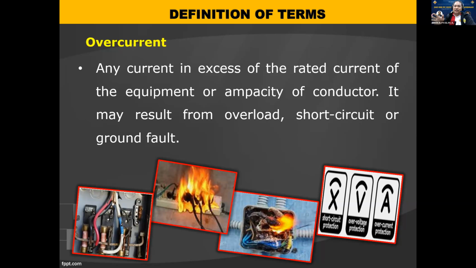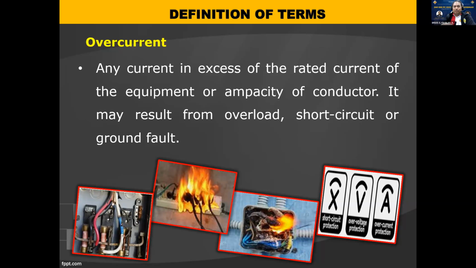Meaning to say, a larger current flows because the impedance of our load is gone. So it is still Ohm's law, no? We know that when our impedance becomes smaller for the same voltage, what happens? The current becomes larger. So this is the principle of our short circuit and other faults, actually, no?